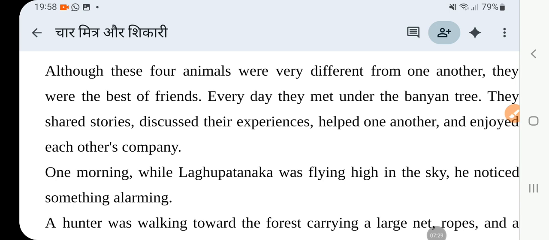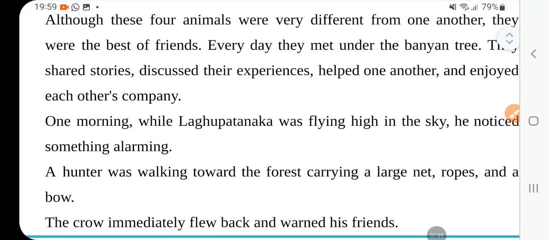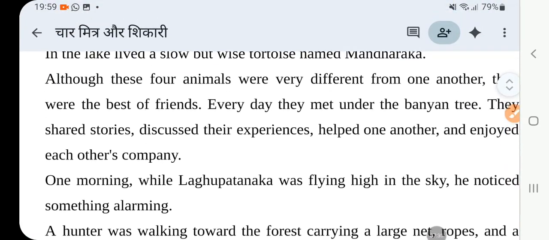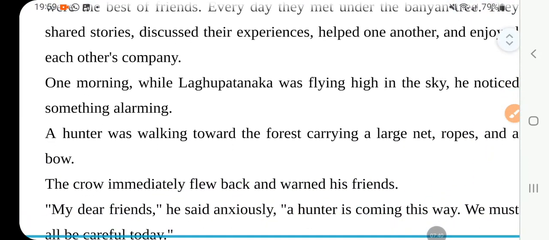Every day they met under the banyan tree. They shared stories, discussed their experiences, helped one another, and enjoyed each other's company. So, what friends do, they do the same.